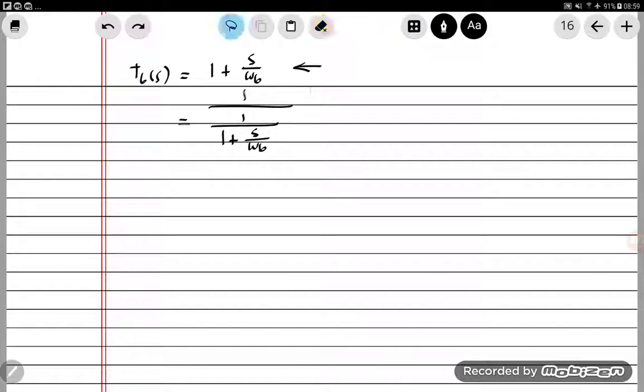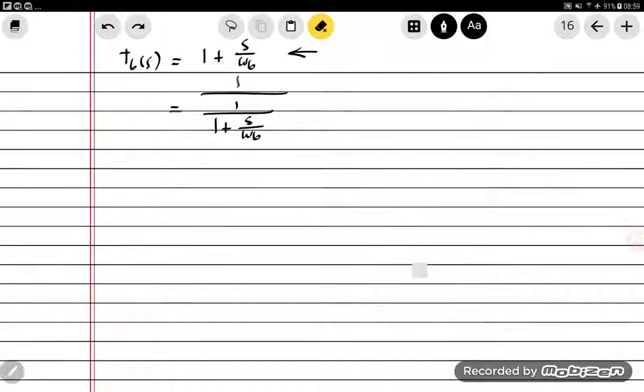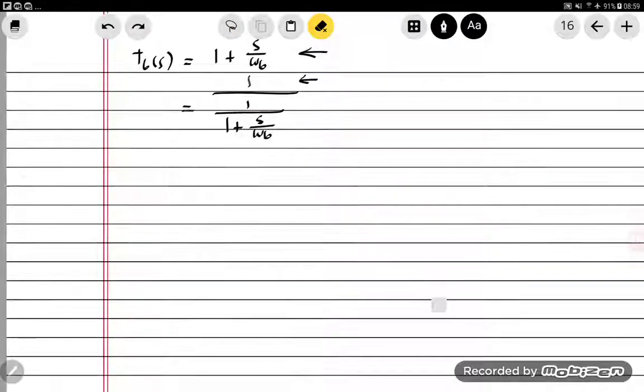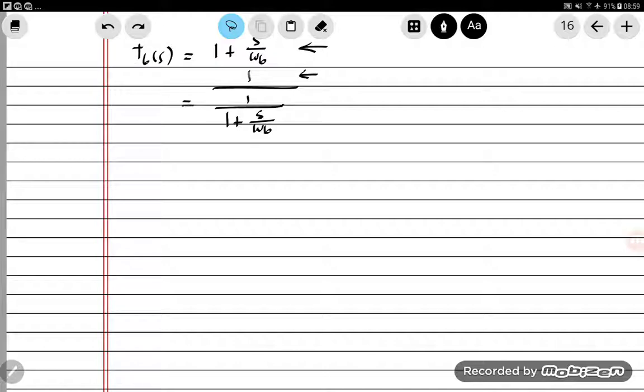So we know that the magnitude plot of the constant 1 will just be a constant, or 0. Let's quickly try and draw that.